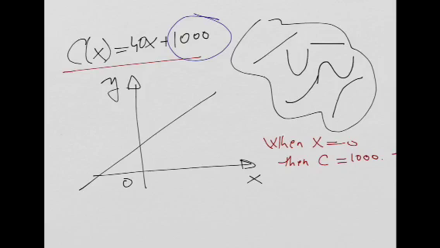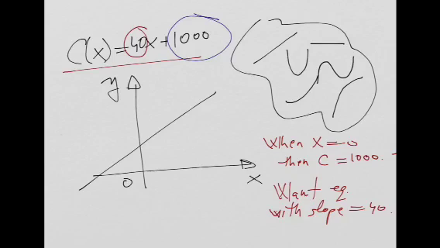So that means that I also want an equation with a slope equals 40. Now, is this equation linear? Meaning for each extra carat I pay the same amount, a constant? Well, then I need a line. That's why this is constant.